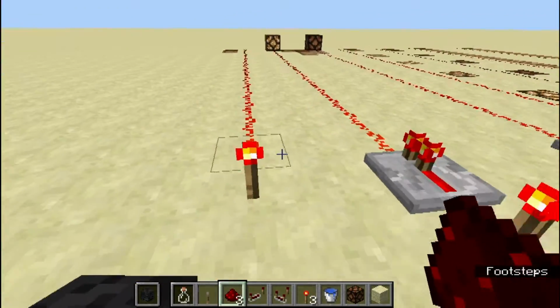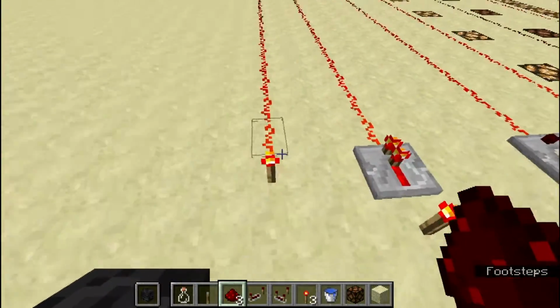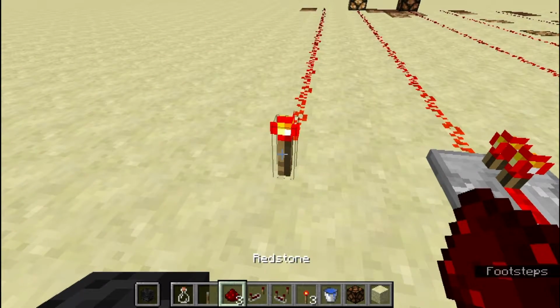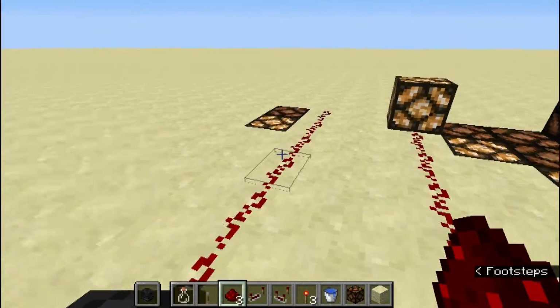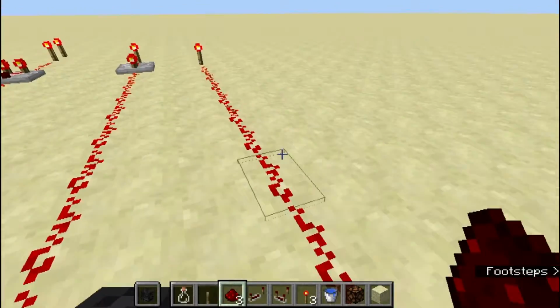Now, the basics of everything. All items, including levers, buttons, pressure plates, they all give off a max power of 15 RPLs.